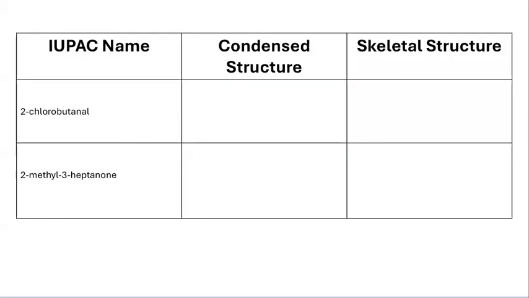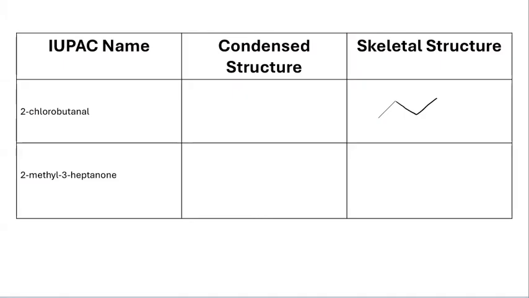For the 2-chlorobutanal, since the name has but in it, that means that that's the longest parent chain. And since the prefix is but, that means that there's 4 carbons. 1, 2, 3, 4. Now, it is your artistic expression if you want to put the C double bond O on this carbon or on this carbon.